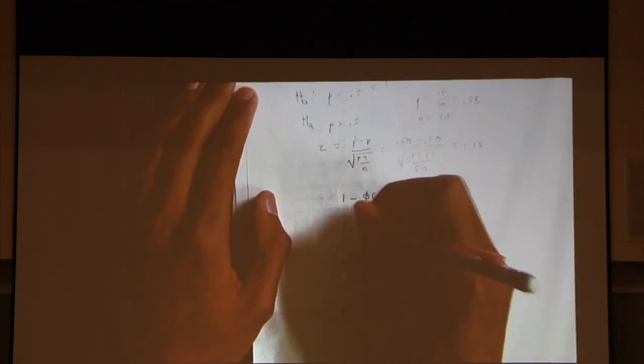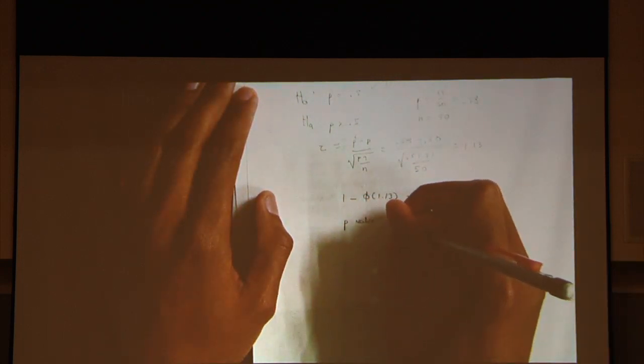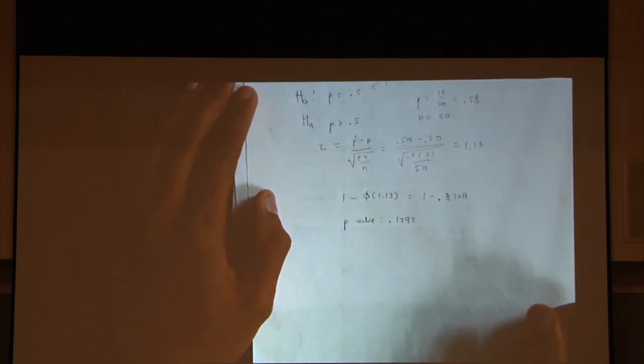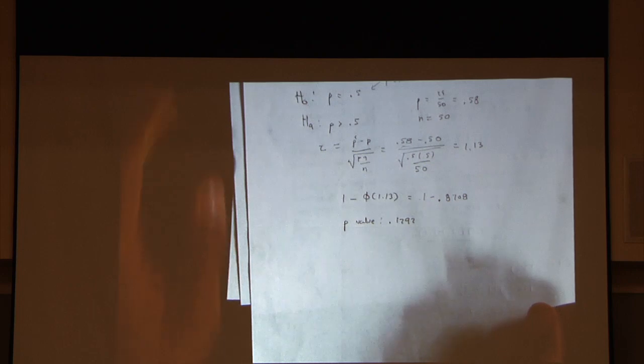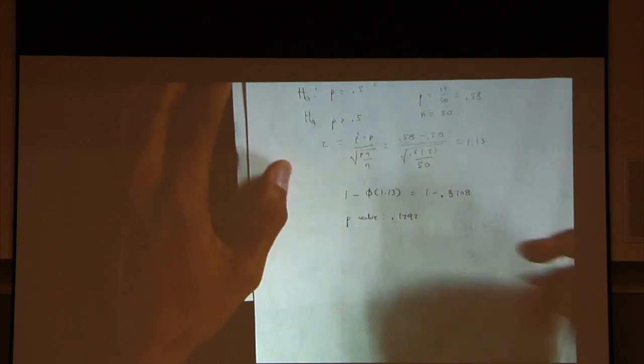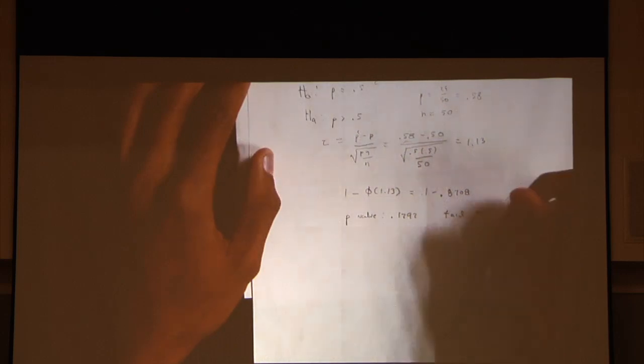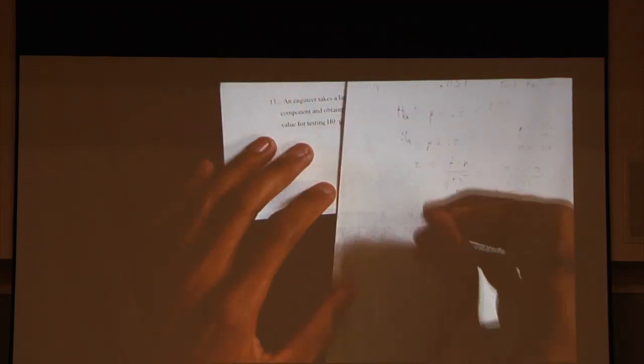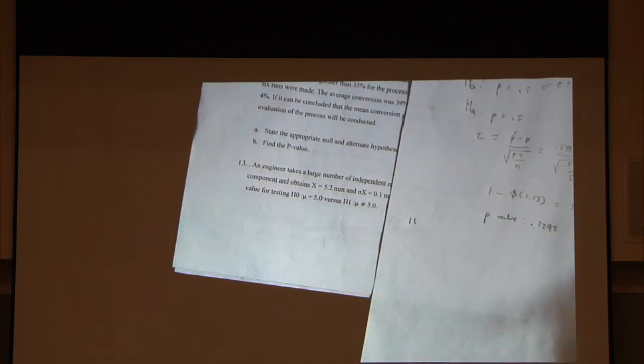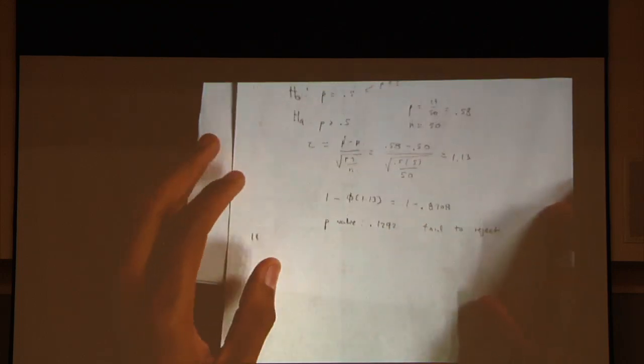So then the p-value for your given sample is 0.1292, right? So do you reject or not reject? Fail to reject because it's not a small enough p-value. Right? So, yeah, that one's proportions. It's different than what you're used to with finding the true values. But that's definitely something that she does ask.